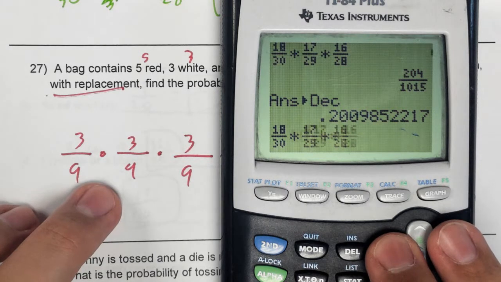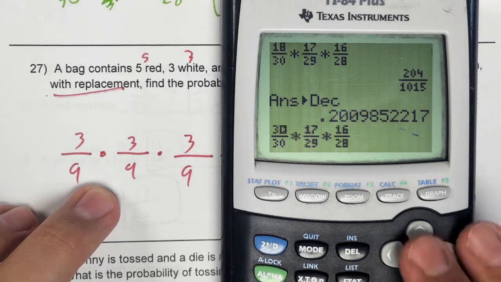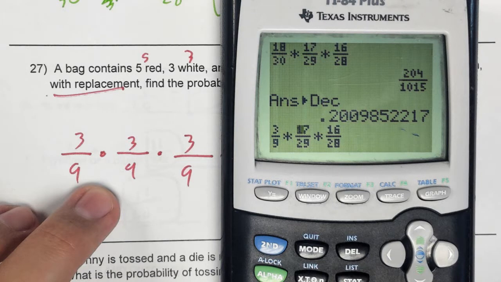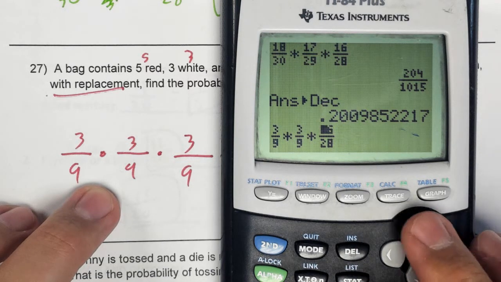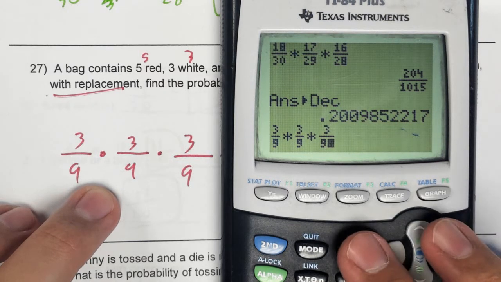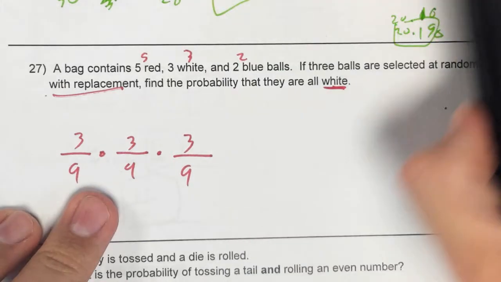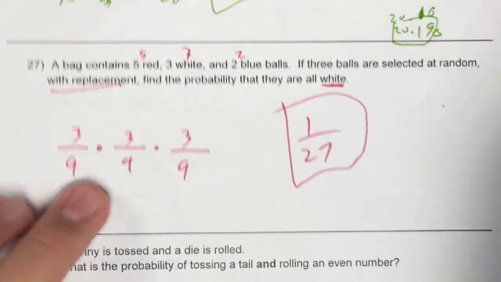So all of these are 3 over 9. 1 out of 27. So if you do it 27 times, it should happen once.